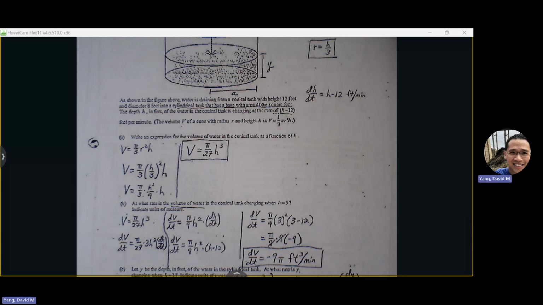So for the cone, why is dV/dt negative? Yeah, volume's decreasing, right? So in a related instance, what do you think the dV/dt is for the cylinder? Right, yeah, so it's going to be positive 9 pi.